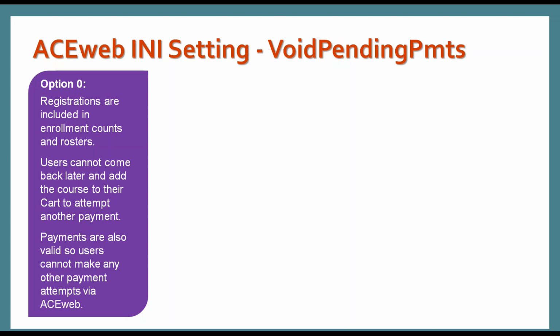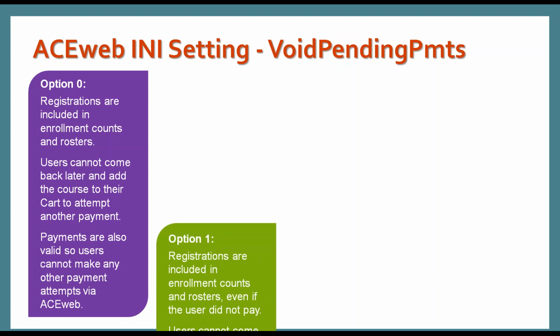So that's going to take up that payment slot on the registration, which means they can't make any other payment attempts via ACEweb. So you can see how option 0 can create some extra work for your staff, because if something goes wrong in that payment process, that eliminates the student's ability to take care of and resolve the situation themselves. It's going to take staff intervention to get that squared away.